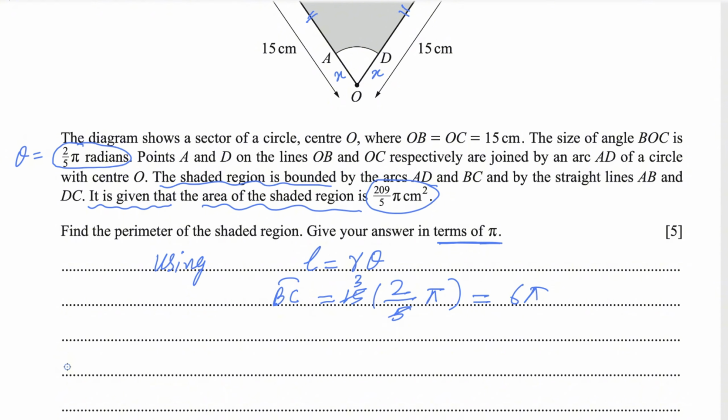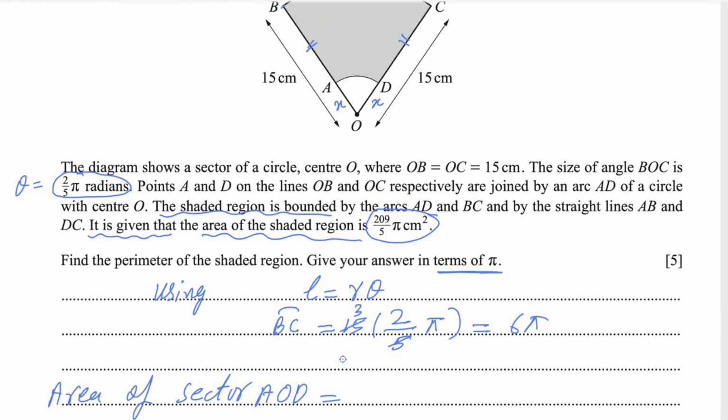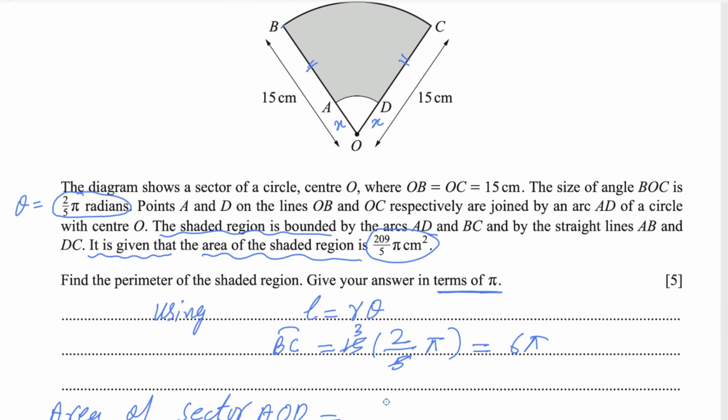Let me write the formula: area of sector AOD equals the area of the big sector minus the shaded area.